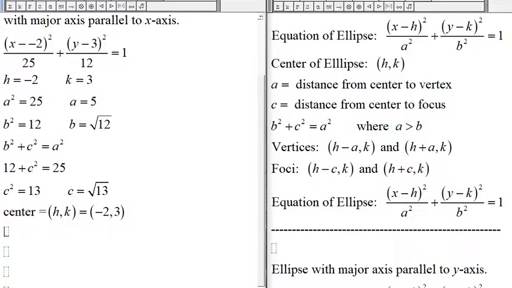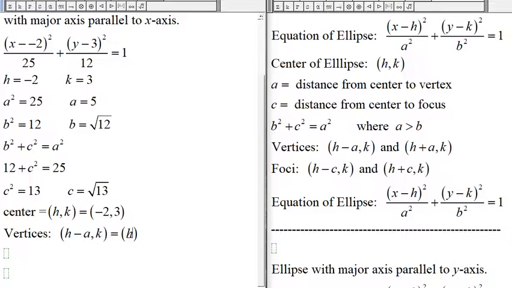And then the vertices will be h minus a, and c is for the focus.